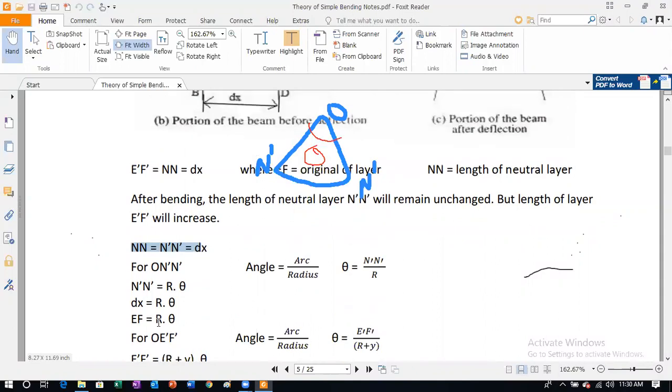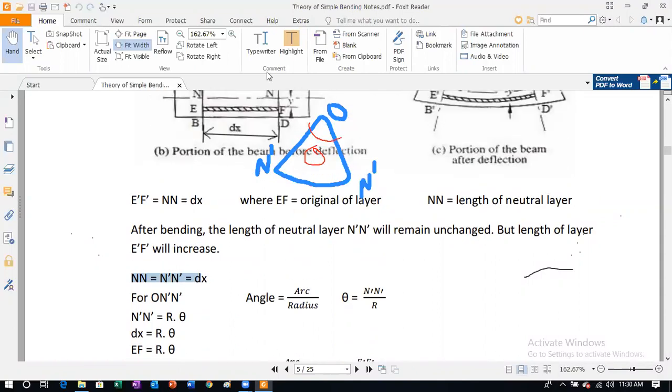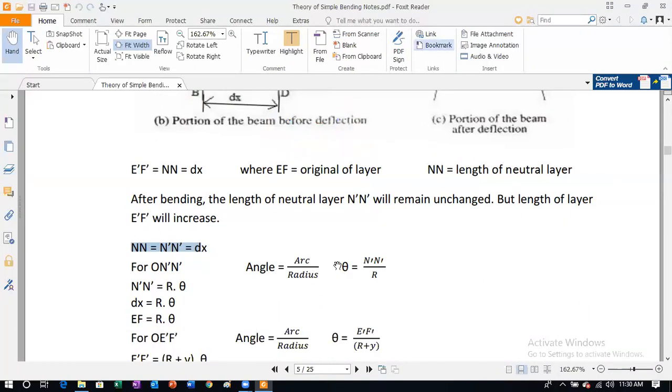Now we will have to draw one more arc, that is O E dash F dash.